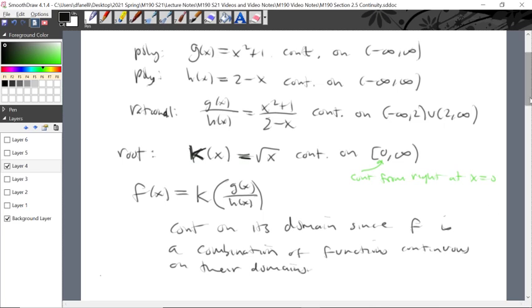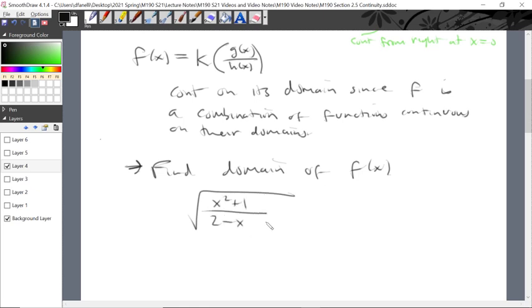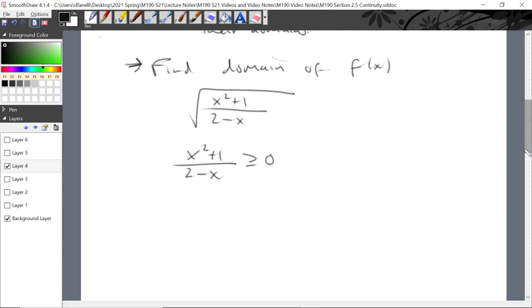So we need the domain of f of x. Find the domain of f of x, the square root of x squared plus 1 over 2 minus x. We need the expression x squared plus 1 over 2 minus x to be greater than or equal to 0.